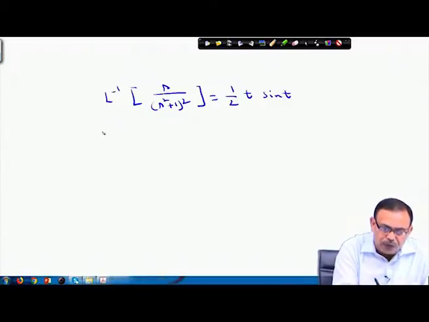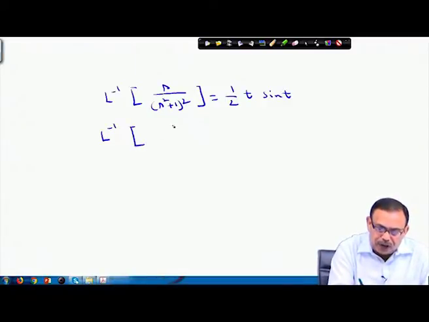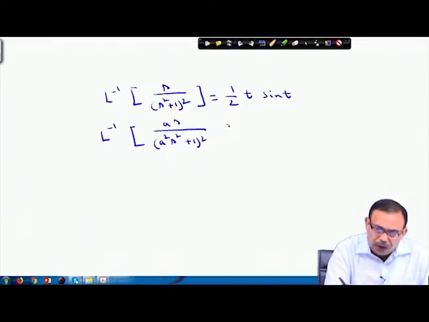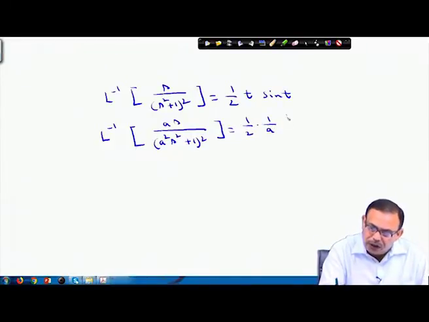This is known to me. Using the same property, Laplace inverse of a s by s square plus 1 whole square equals half into 1 by a, t will be replaced by t by a into sin of t by a.